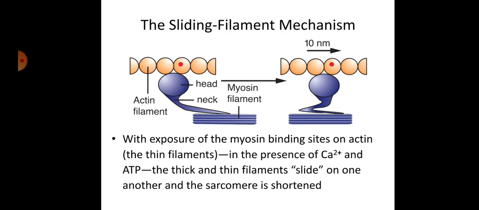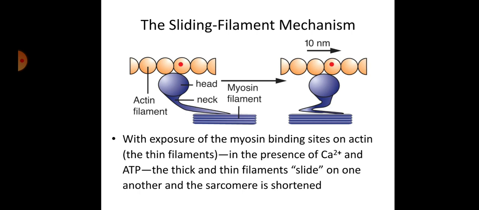The myosin filament has a globular head and a neck which touches the actin filament and forms the cross bridges. These cross bridges pull the actin filament inside, and in this way muscle contraction takes place.